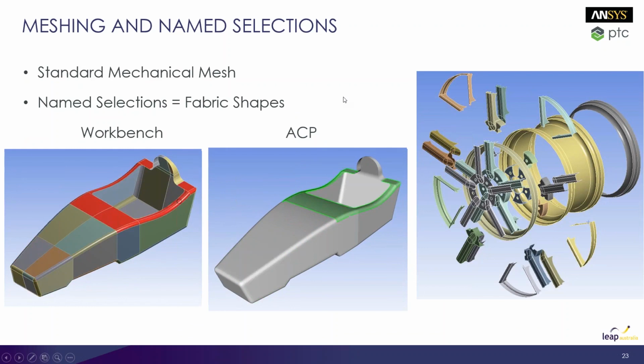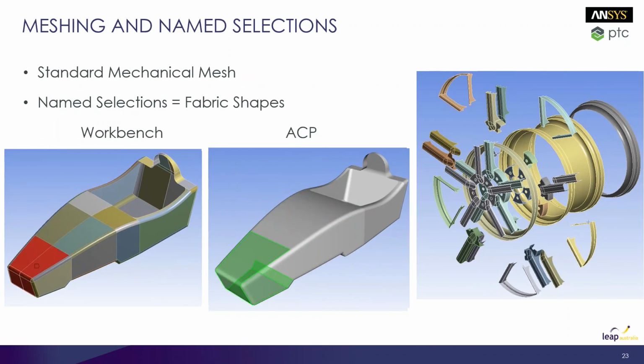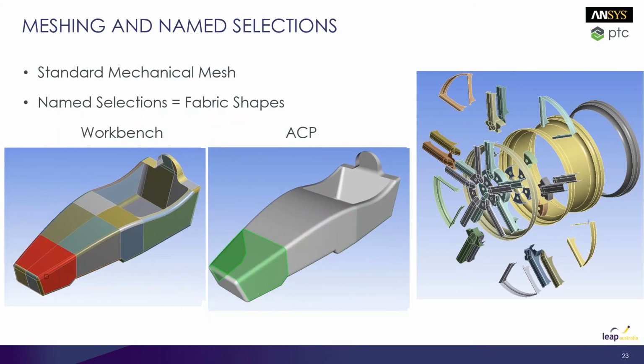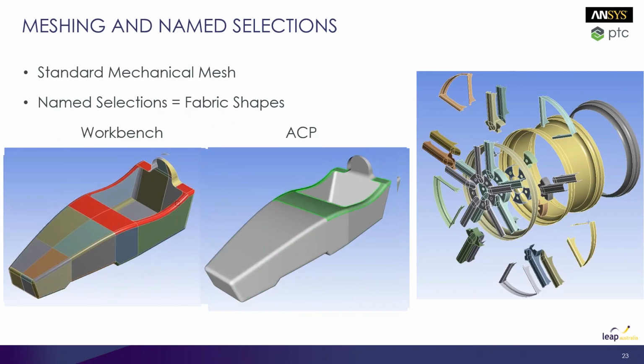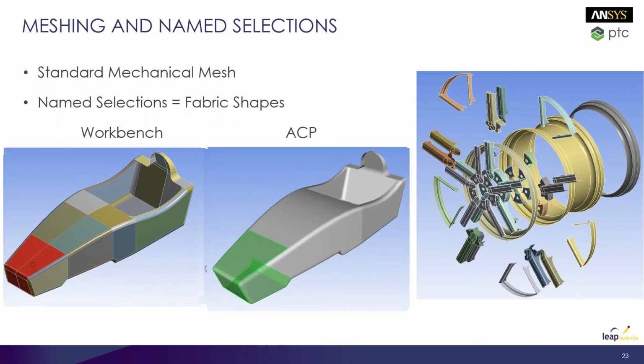So the next stage, I mentioned we're going to need a mesh. That's done just as normal in ANSYS Mechanical. Anything that was good for a mechanical model is going to be good for a composite model. One of the other things we need to do, though, is specify fabric shapes. I mentioned that a composite structure can be built up of lots of different fabric shapes. We need to specify these before we reach the ACP preprocessor.